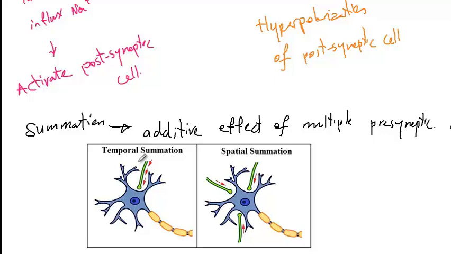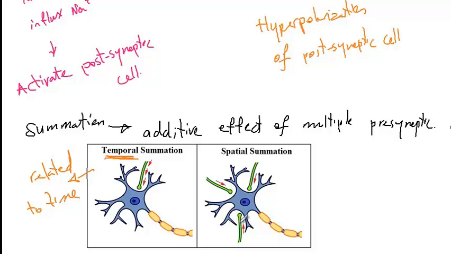The first one is called temporal summation, where a single neuron sends multiple signals, and that's why it's referred to as temporal, meaning related to time, in that a single neuron fires multiple signals over a period of time, versus spatial summation, where multiple impulses from multiple presynaptic neurons are received simultaneously.